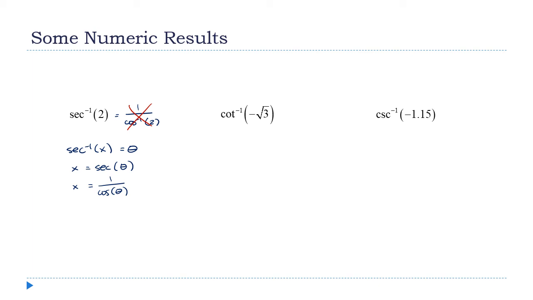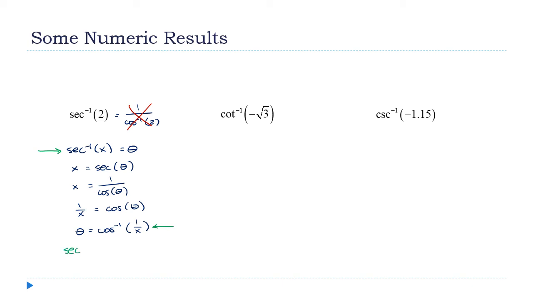Now let's flip both sides over. 1 over x equals the cosine of theta. And now take the inverse cosine of both sides. Theta equals the inverse cosine of 1 over x. And there's our formula, right? Because theta equals this and theta equals this, so those things are equal to each other.